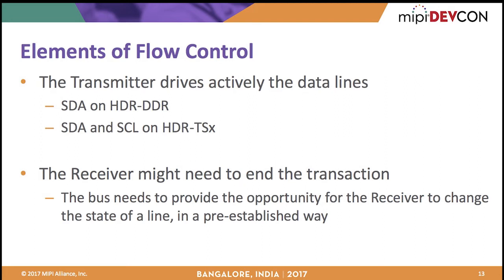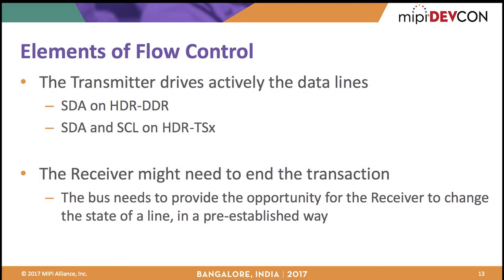The challenge that we have in I3C is that, being a high-speed bus, the devices are actively driving their data lane. So consequently, the receiver, which might want to interrupt the transaction, has no possibility to do it in a normal way because it will obviously conflict with the active drive.